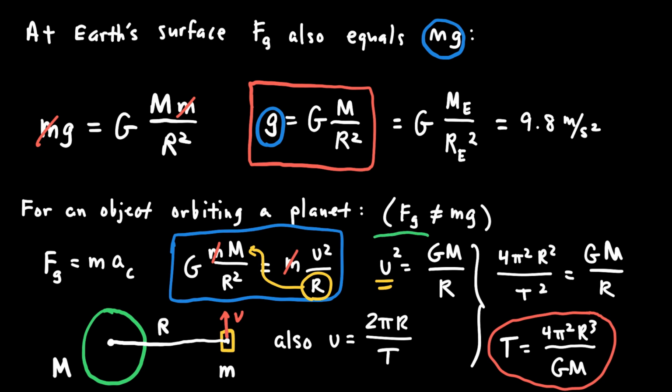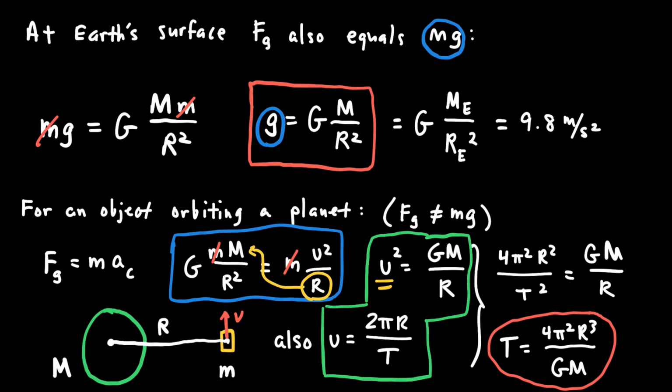I could relate the equation for the speed that I found with Newton's second law and the gravitation equation to this generic equation for the speed of something moving in a circle. If I do that, I have to square the 2 pi r divided by T, because in the top equation it's v squared, and I get 4 pi squared times r squared divided by T squared, which is still equal to G times M over r.